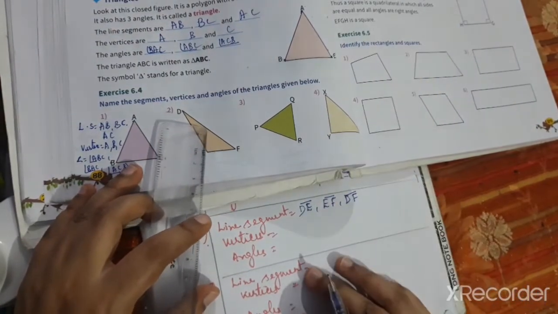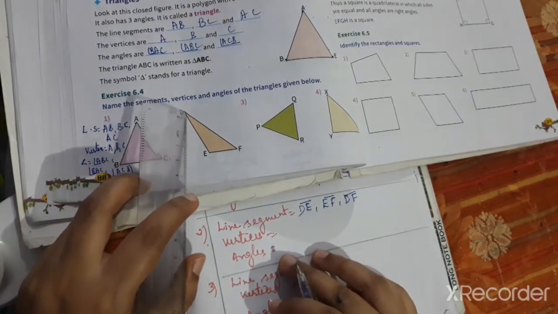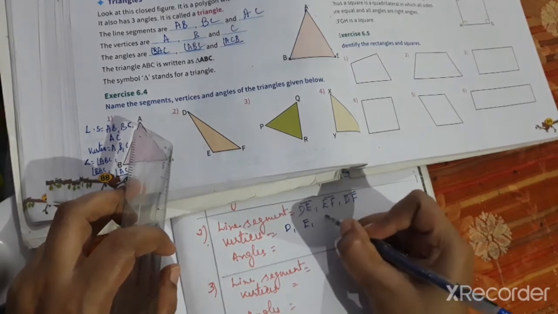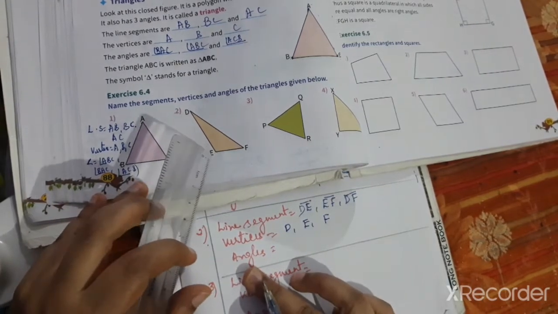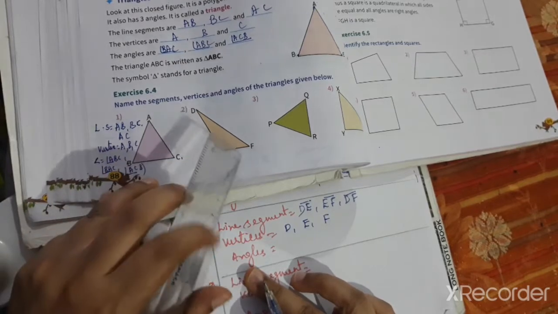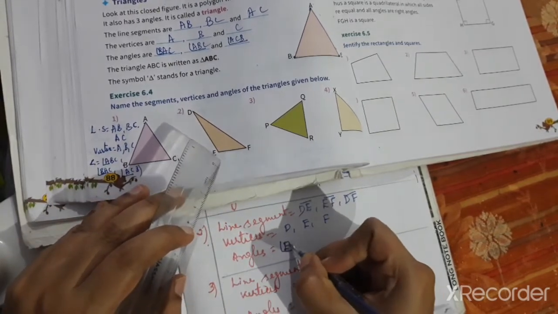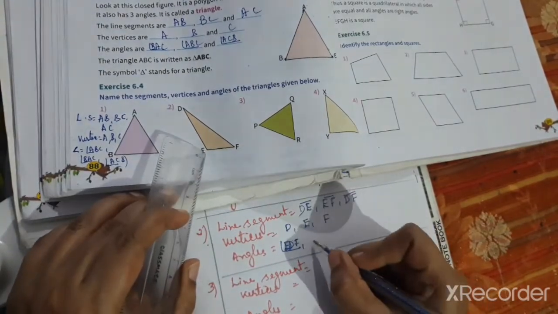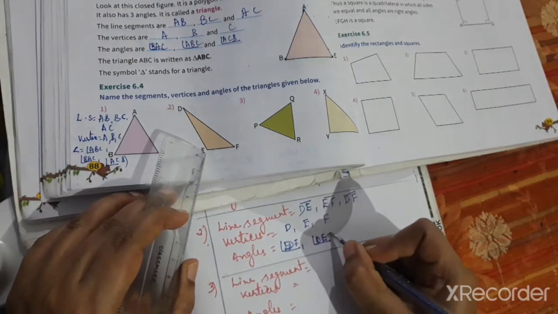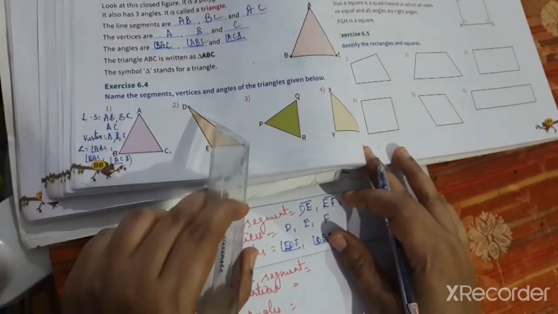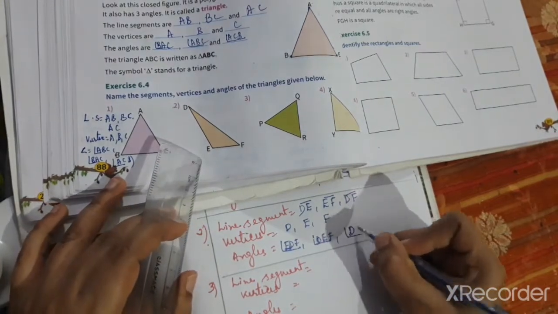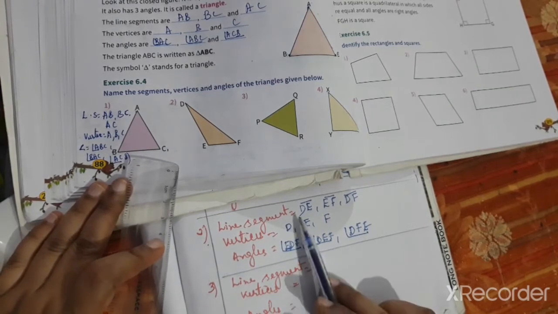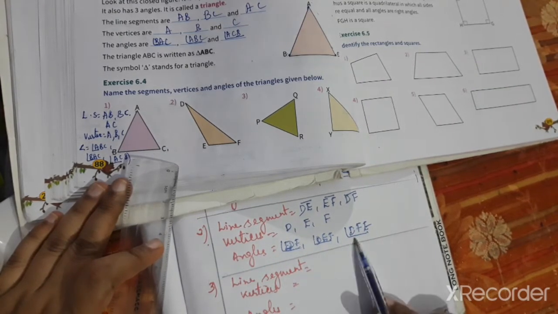The vertices are just points: D, E, F, the intersecting points. Then the angles are angle EDF, angle DEF, which is the angle at E, and then angle DFE.